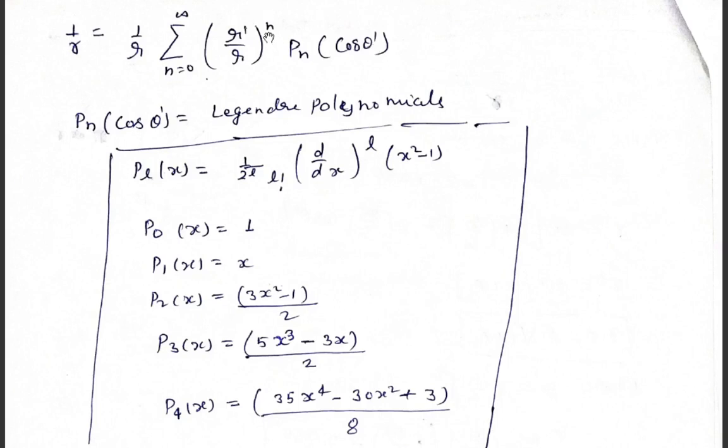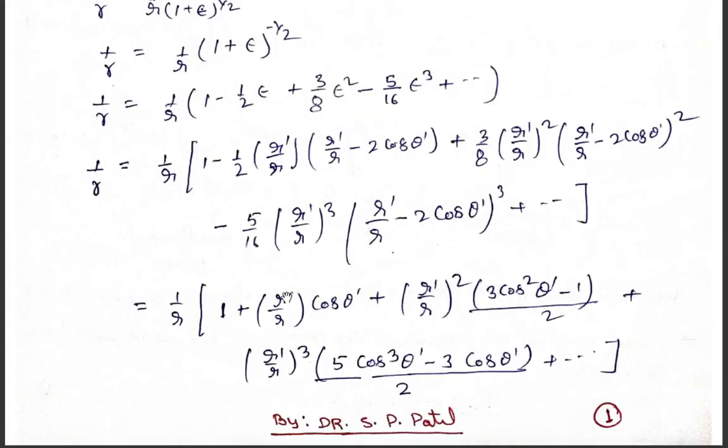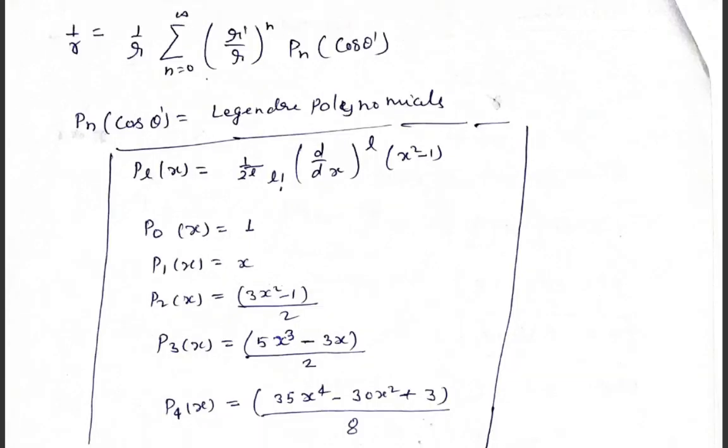Then here n is equal to 1, so 1 upon r outside of the bracket, and then r prime upon r and cos theta prime. If you go back, the second term is r prime upon r cos theta prime. So that means the Legendre polynomial we have written is exactly matching with the quantity we have assumed.